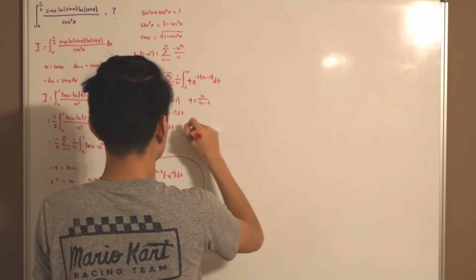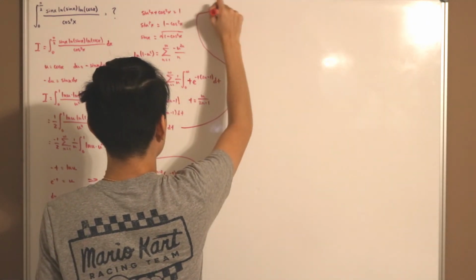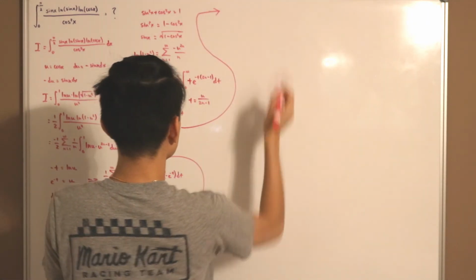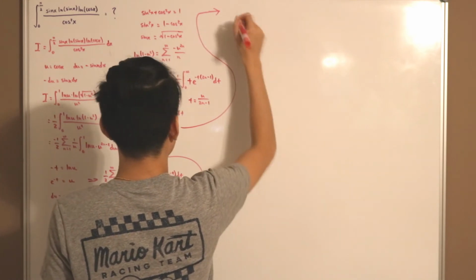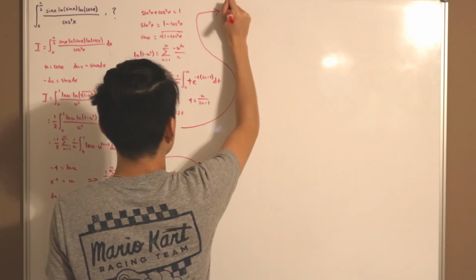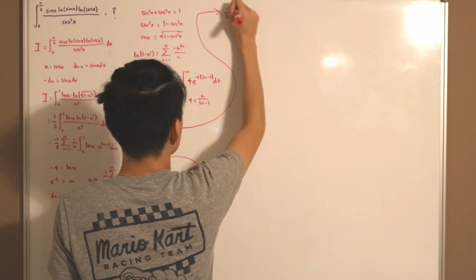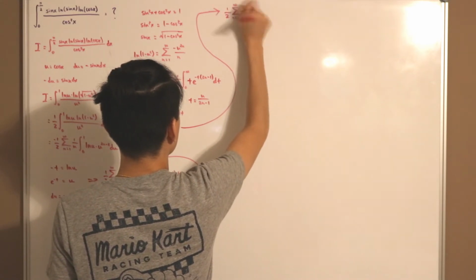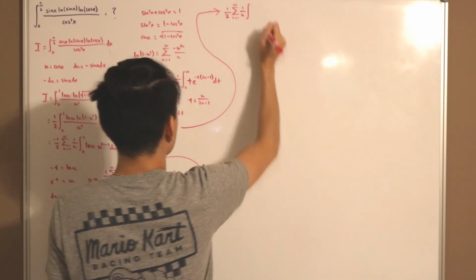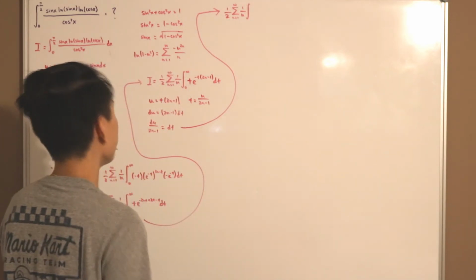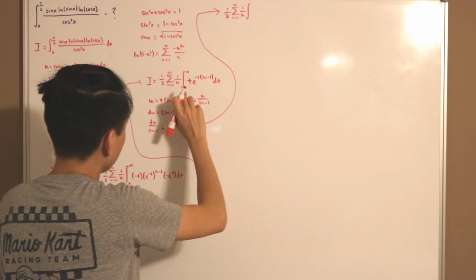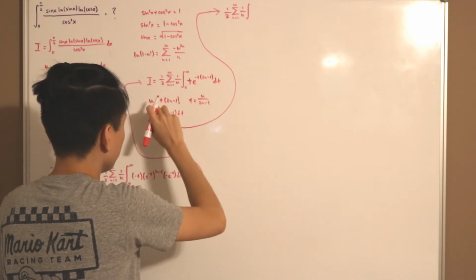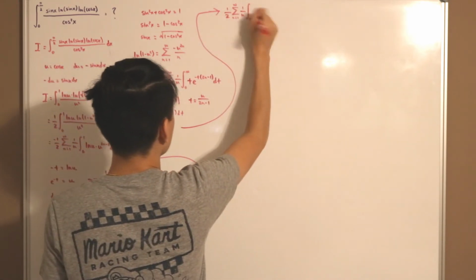Let's draw another arrow again. Then we replace everything: 1/2 sigma n equals 1 to infinity of 1 over n. We're also changing our bounds again. When t is equal to 0, this is just 0, so 0 here.